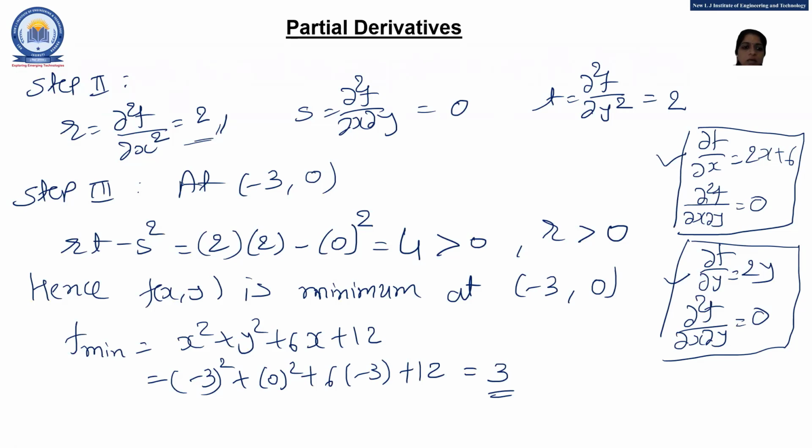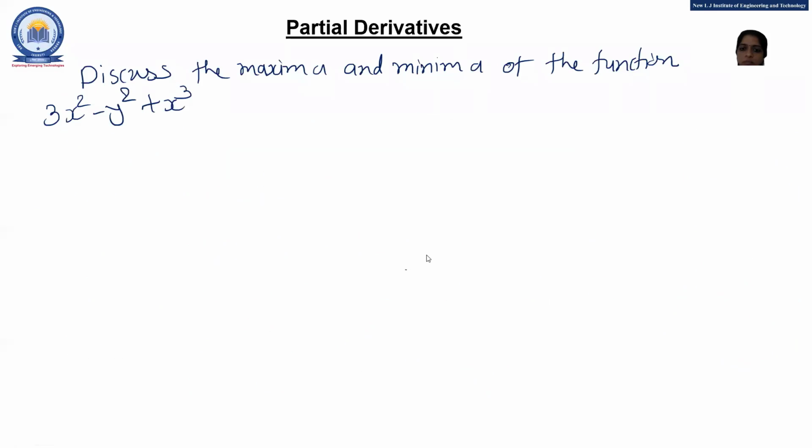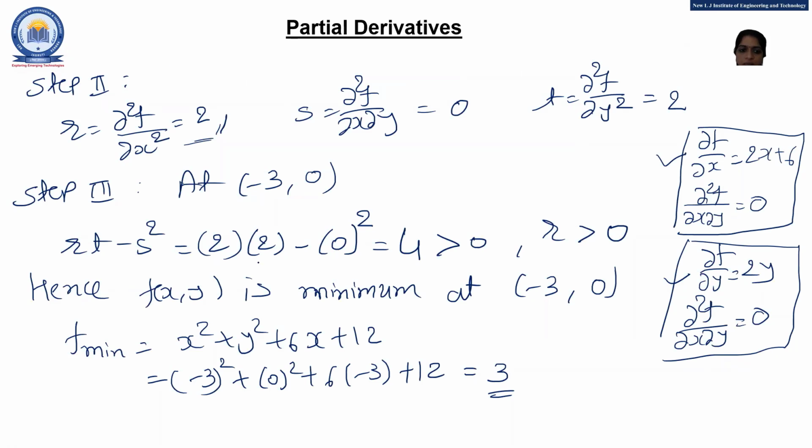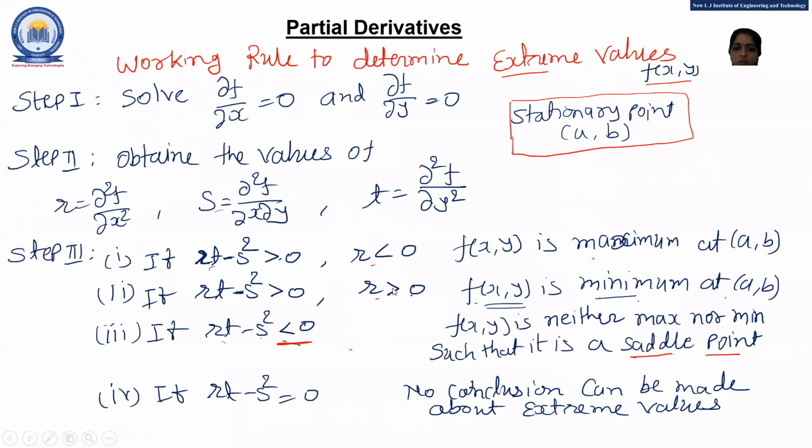See, Rehan. In step 3, the value of RT minus S square is what? Positive, right? And the value of R is 2, which is also positive. As per the rule, when RT minus S square is positive and R is also positive, the function gives the minimum value.